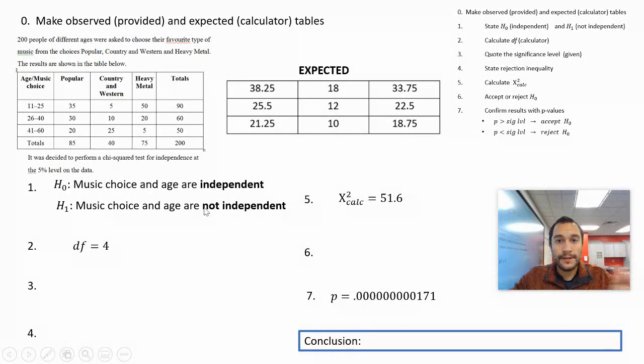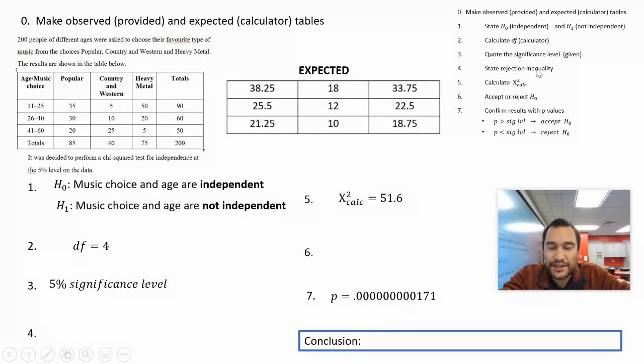Step 1 done. Step 2, calculate the degrees of freedom. That's done. Step 3, quote the significance level. Most of the time it's given to you. If I read through the problem, it says 5% level. Step 3 is just to restate that. So 5% significance level.